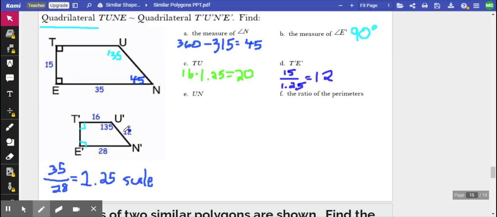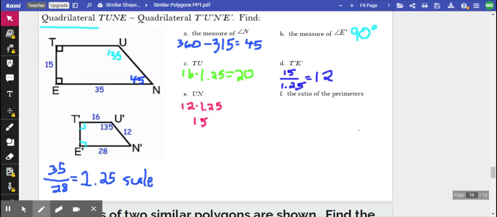So if our 12 right here is on the small one, we just need to do 12 times 1.25 to get that answer. And that is going to come out to an answer of 15 for segment UN.